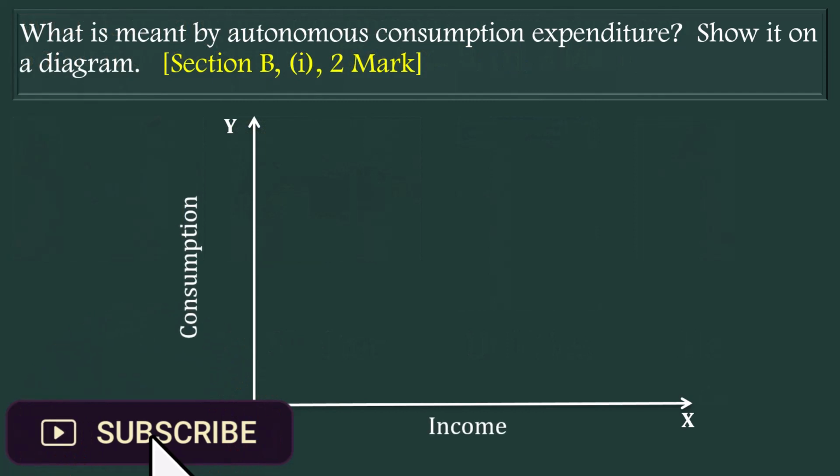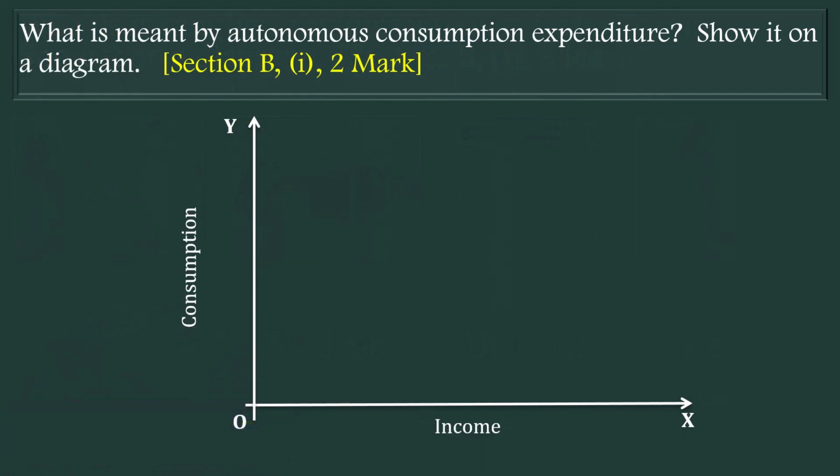This graph illustrates this. Consumption expenditure is measured along the y-axis and national income is measured along the x-axis. The consumption function is shown by the curve C. It starts somewhere along the y-axis. In the graph, A is autonomous expenditure.